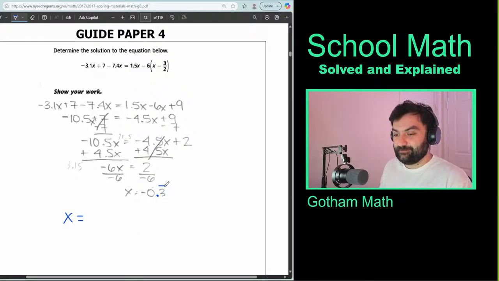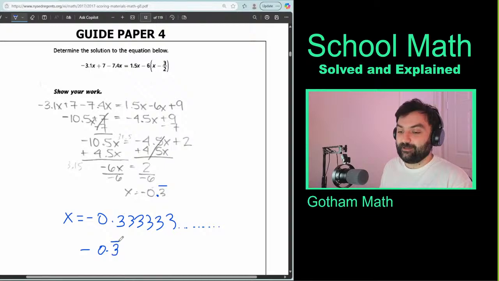The line over the number means that that number is being repeated. So instead of writing 3333 and then a dot, people decided to use that line over it. And that means repeating.